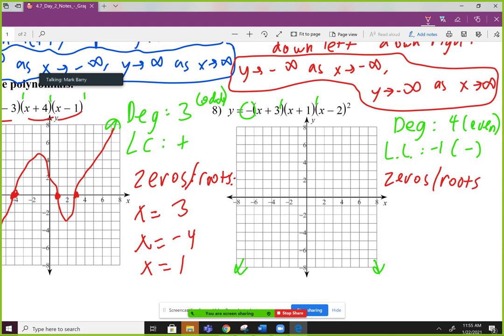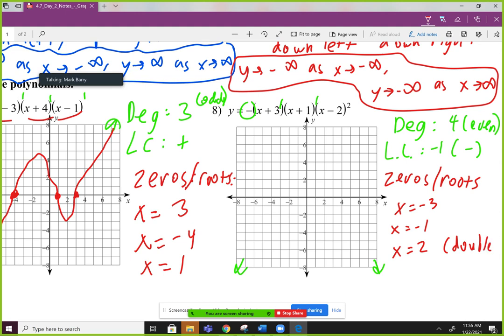So now let's look at the zeros or roots. I'm going to say negative 3. I'm going to say negative 1. And I'm going to say 2. However, 2, I'm going to call this actually a double root.